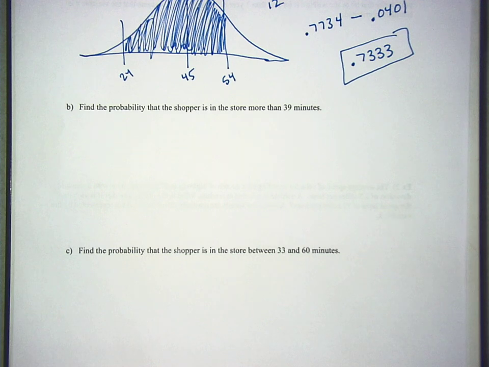So 39 minus 45 over, that should be negative 0.5. And the z-score, point 3.85.